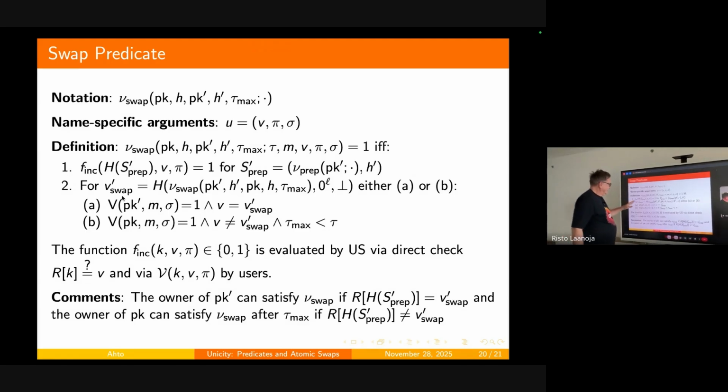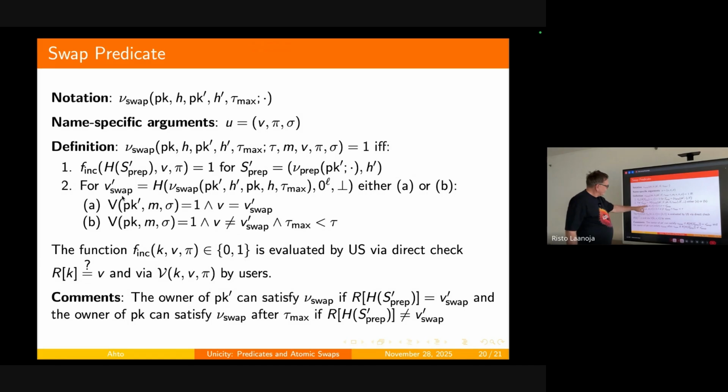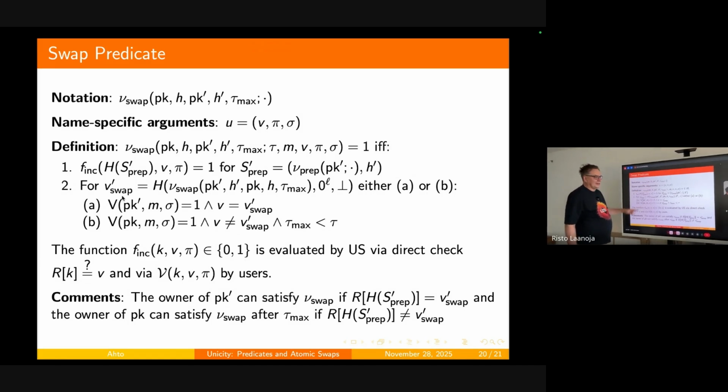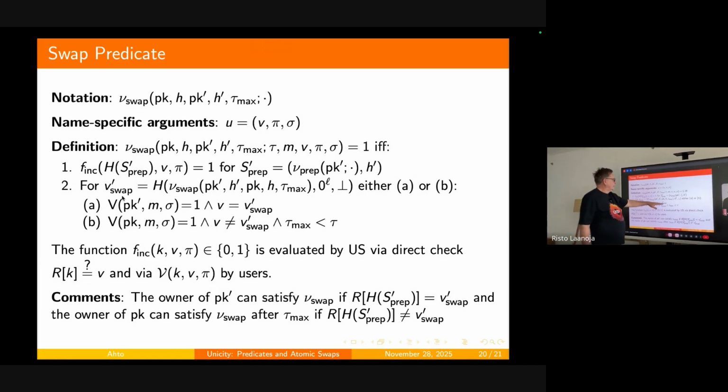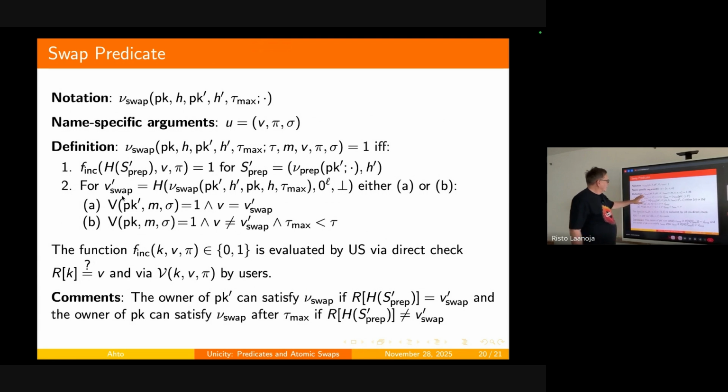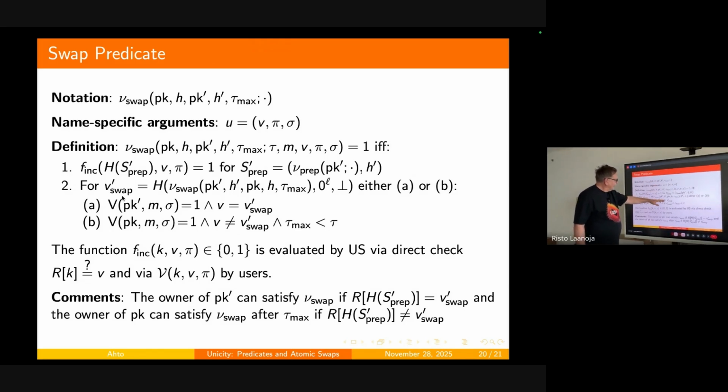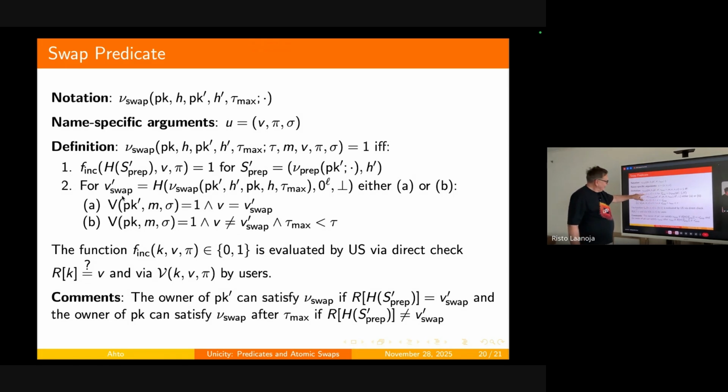Okay, and now we have two possible ways of satisfying the predicate. So either the signature is the second party's signature, if indeed the second token was committed properly. So this means that at this key, a proper value is stored.